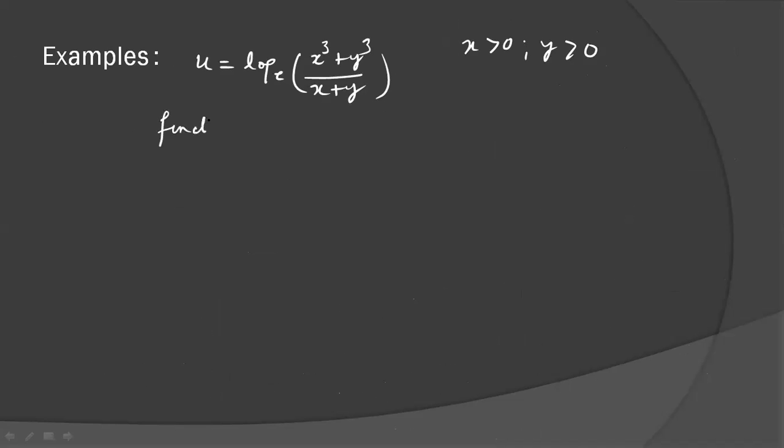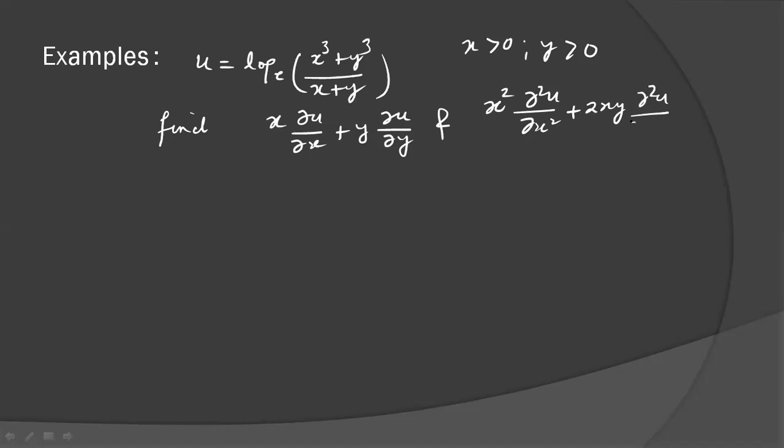Find x del u by del x plus y del u by del y and x square del 2u by del x square plus 2xy del 2u over del x del y plus y square del 2u over del y square.